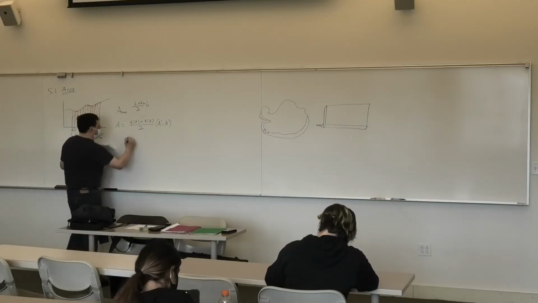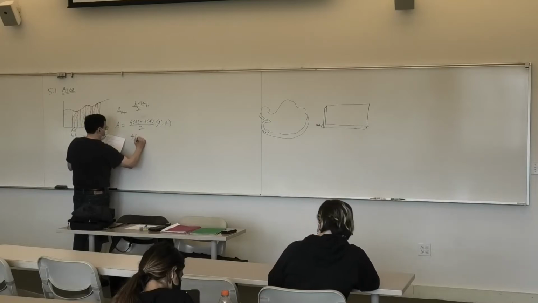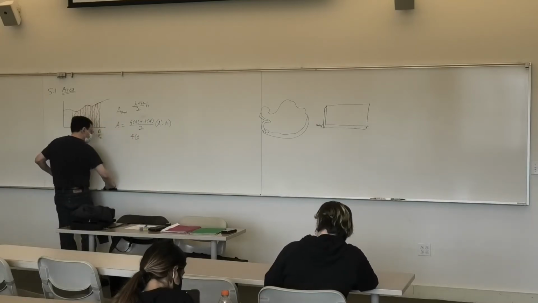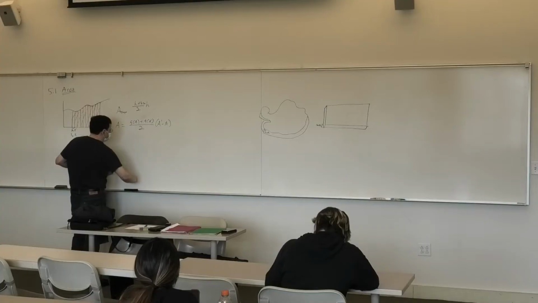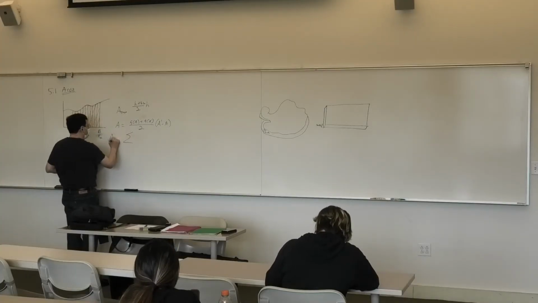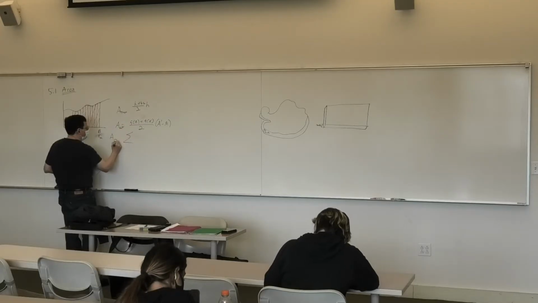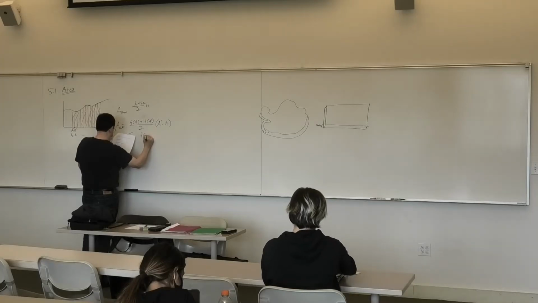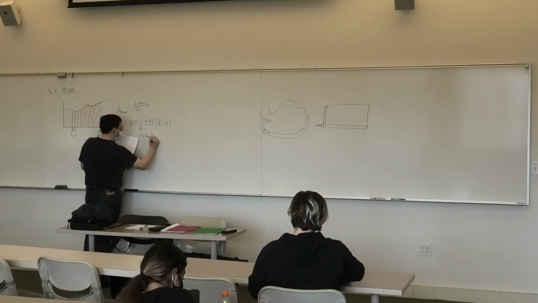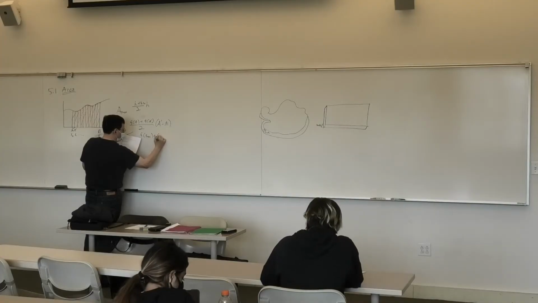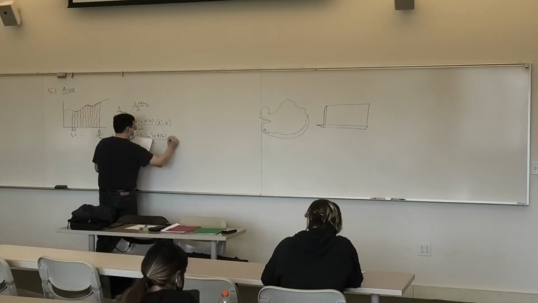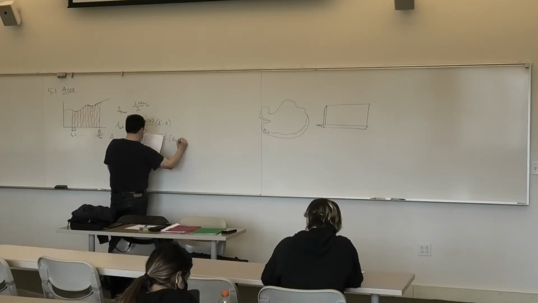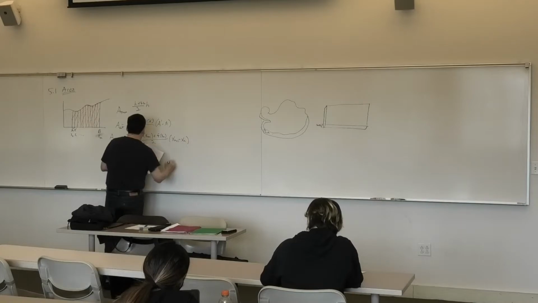So the area of the trapezoid is going to be the sum of f of x of n plus 1 plus f of x of n, over 2, times x of n plus 1 minus x of n.